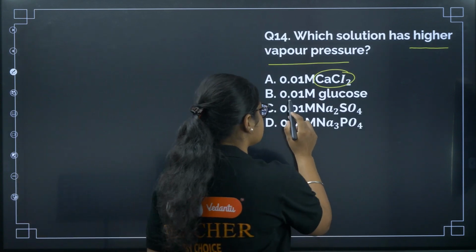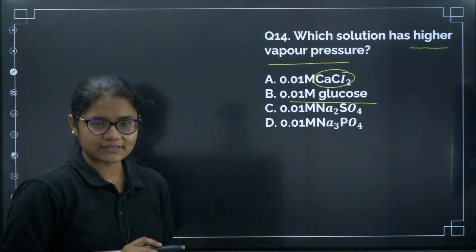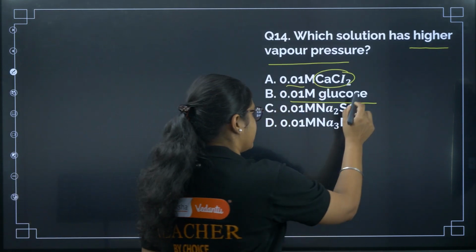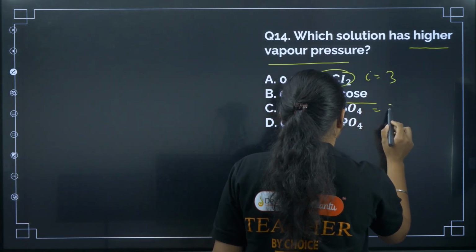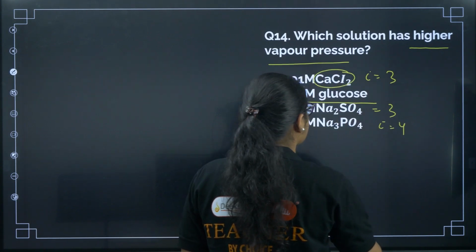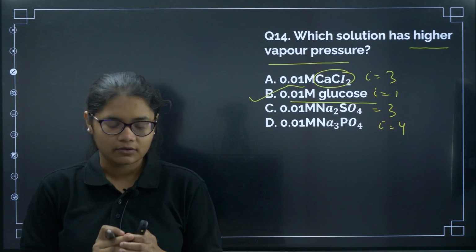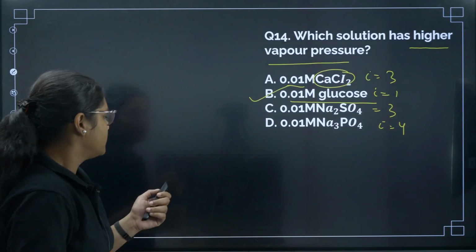So if you see, glucose is the one where there will be no dissociation, I value will be 1, here the I value will be 2, here the I value will be 3, here the I value will be 3, here the I value will be 4, right? But here the I value will be 1. So the correct answer for this question will be option number B. Okay, next question.